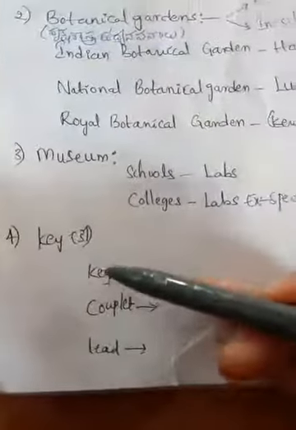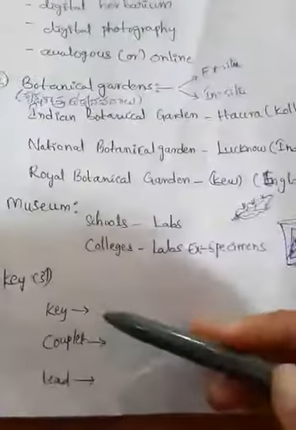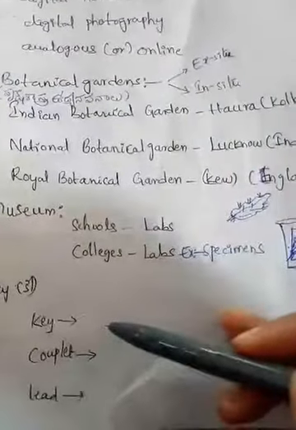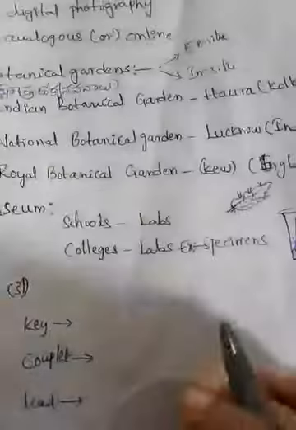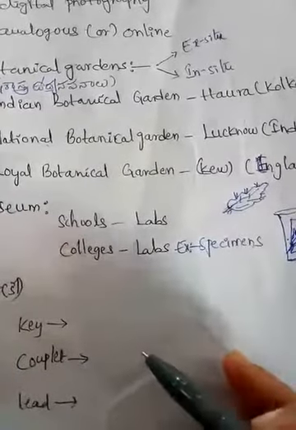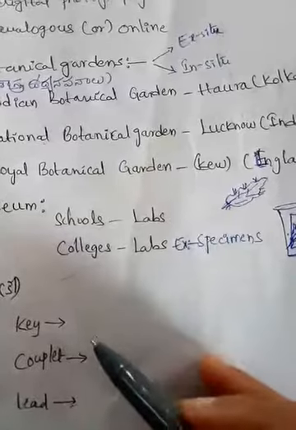Now coming to key, which also helps in identification of plants or animals, and in identification and classification of plants.